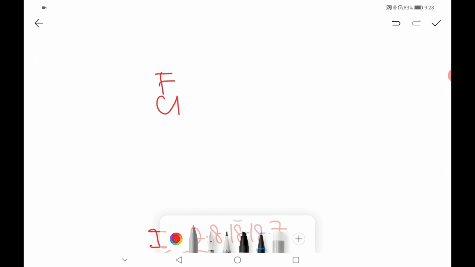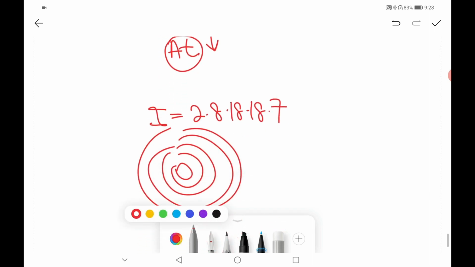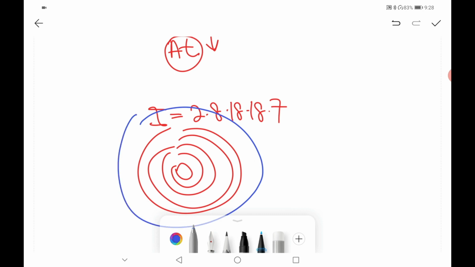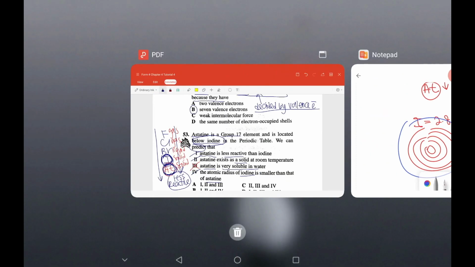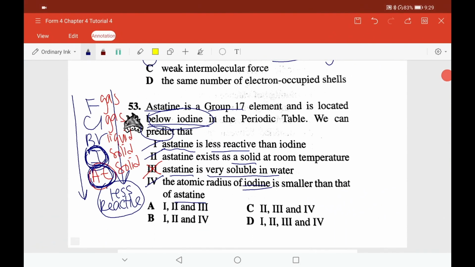Fluorine, chlorine, bromine, iodine, and this is astatine. So astatine should have 1 more shell compared to iodine. So astatine is larger, and iodine is smaller. So that's why iodine being smaller is okay. So the final answer is 1, 2, and 4. So the best answer goes to B.